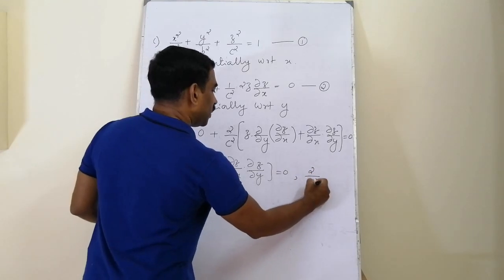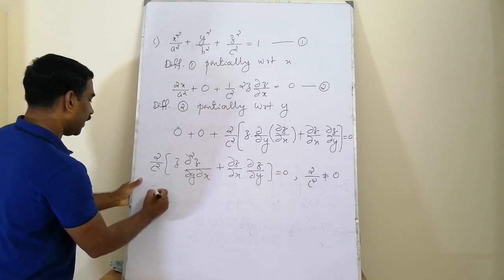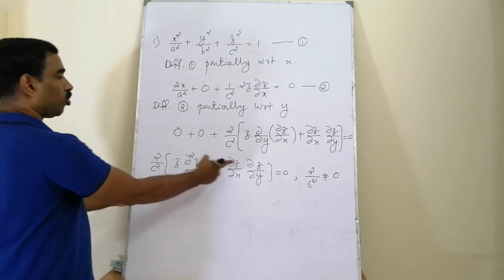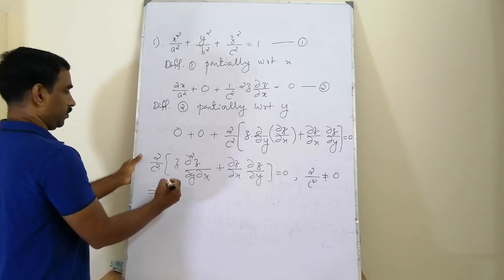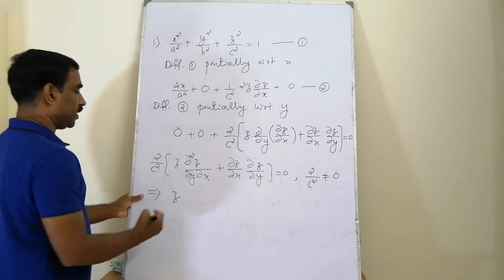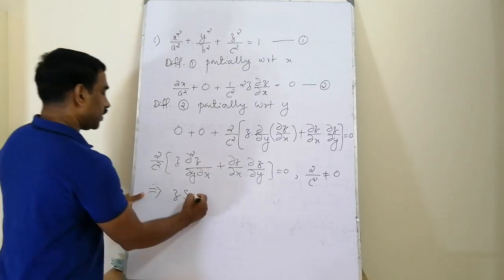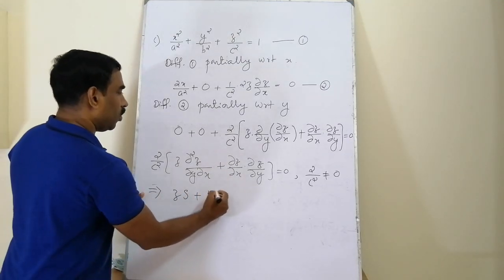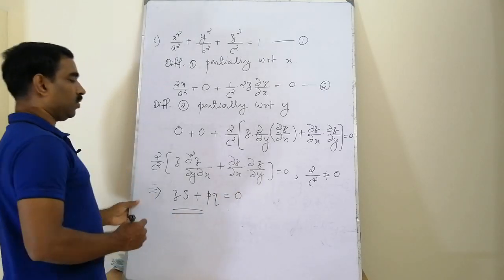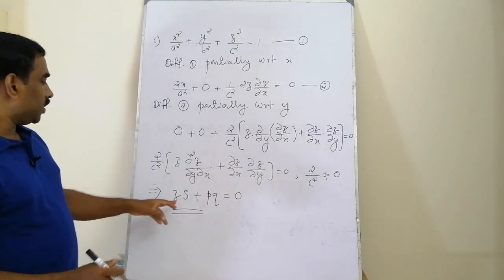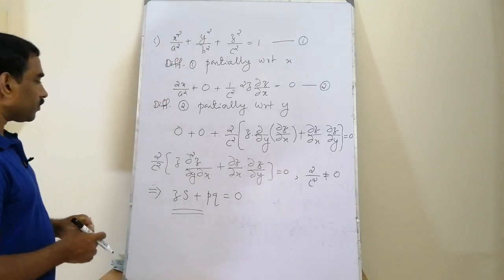We can shorten these derivatives using symbols: z into ∂²z/∂y∂x, the mixed derivative, is s, ∂z/∂x is p and ∂z/∂y is q. So zs plus pq equal to 0, which is the required equation. See, this is independent of arbitrary constants a, b and c.